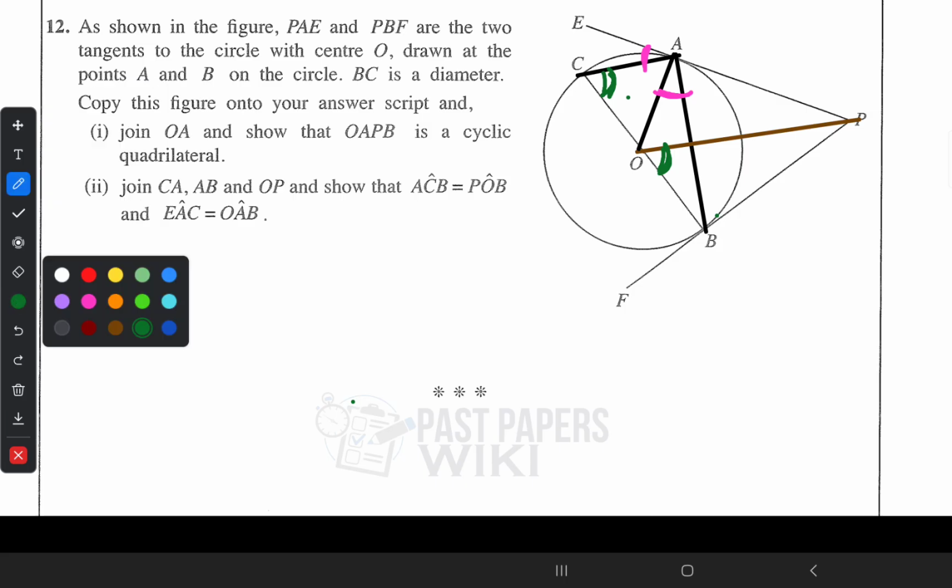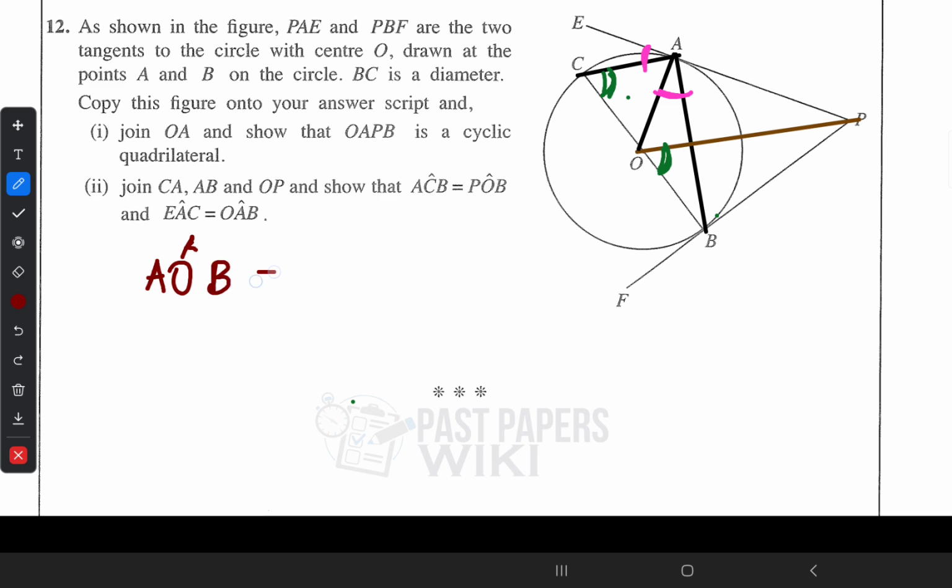I'll write that clearly. First of all, I'll write angle AOB equals double angle ACB. By using this chord, the angle subtended at the center is double the angle subtended on the circumference.